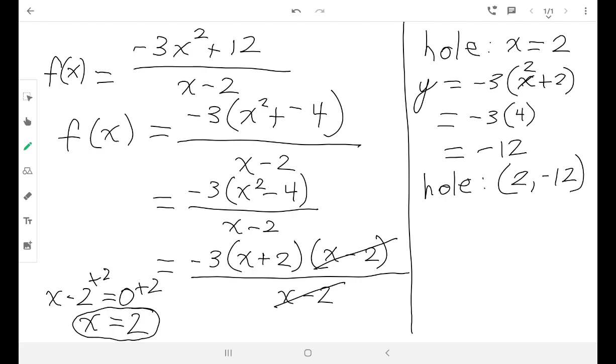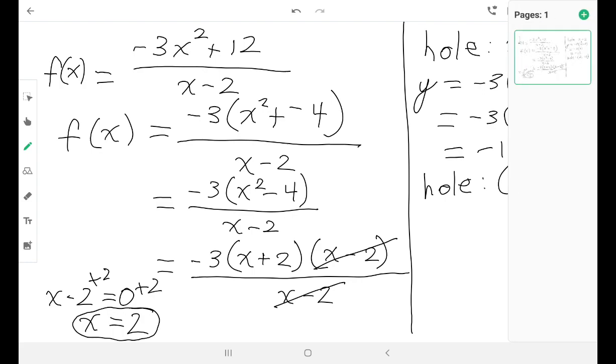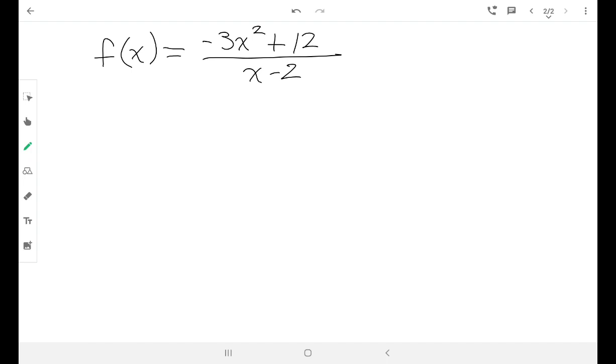Okay? So if we're talking about graphing this, I'm going to have to go back and look again. It was f of x equals negative 3x squared plus 12 over x minus 2.